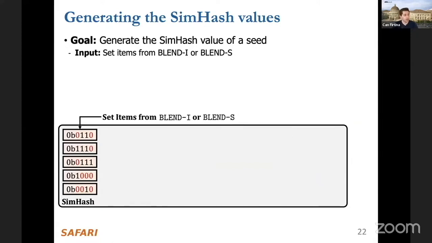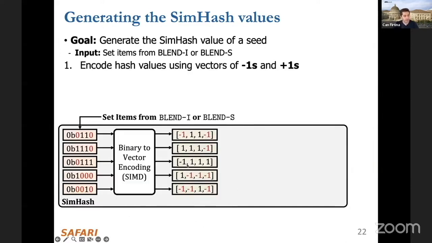And the goal, again, is to generate the SimHash value of a seed by using the set items from Blend I or Blend S. You can assume that the set items are provided from these two mechanisms. Then what we essentially do is a binary to vector encoding using a SIMD technique.